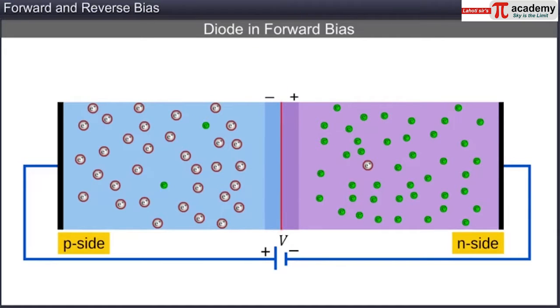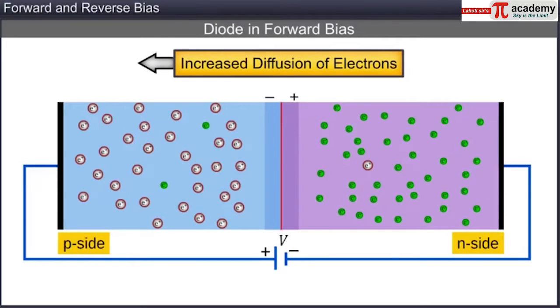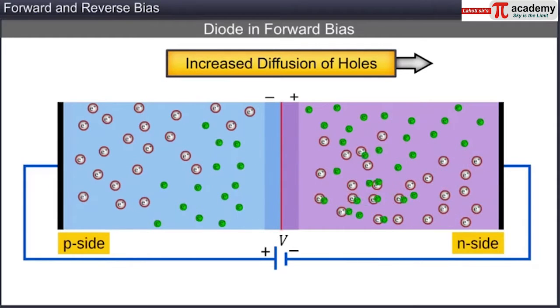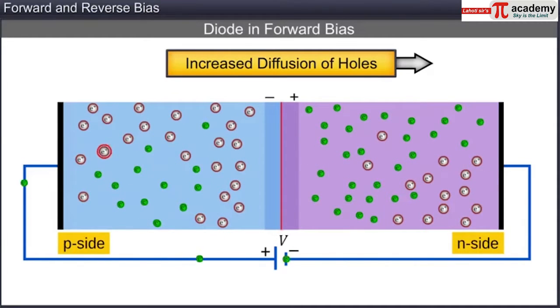The lowering of the barrier potential and the decrease in the width of the depletion region leads to an increase in the diffusion of electrons from the N side to the P side. Simultaneously, the diffusion of holes from the P side to the N side across the PN junction also increases.